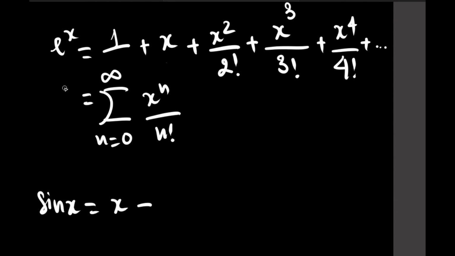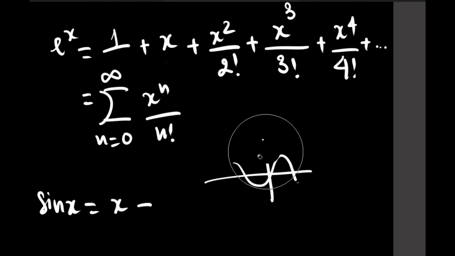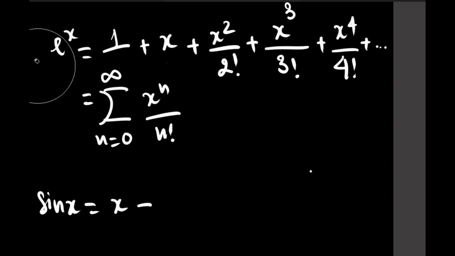So we start with x, and then I'm going to draw the graph of sine x. It's going to be something like this. Actually, it's going to be minus x to the power of 2. I'm sorry, x to the power of 3.